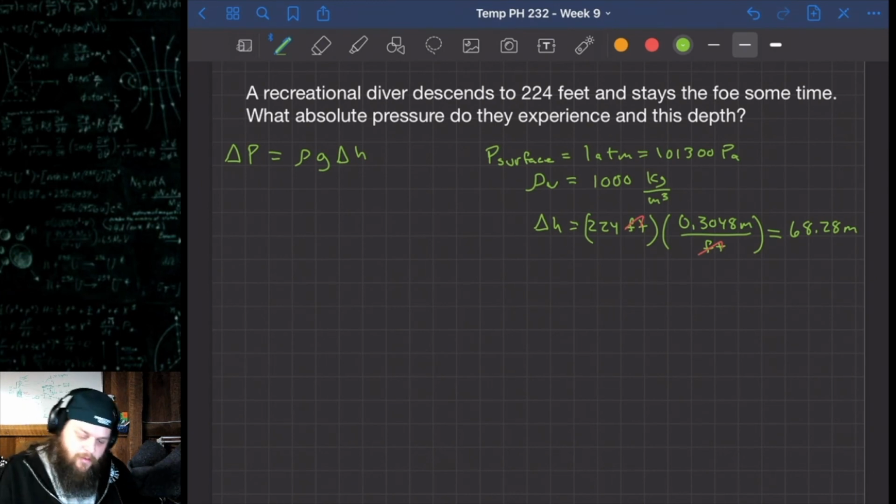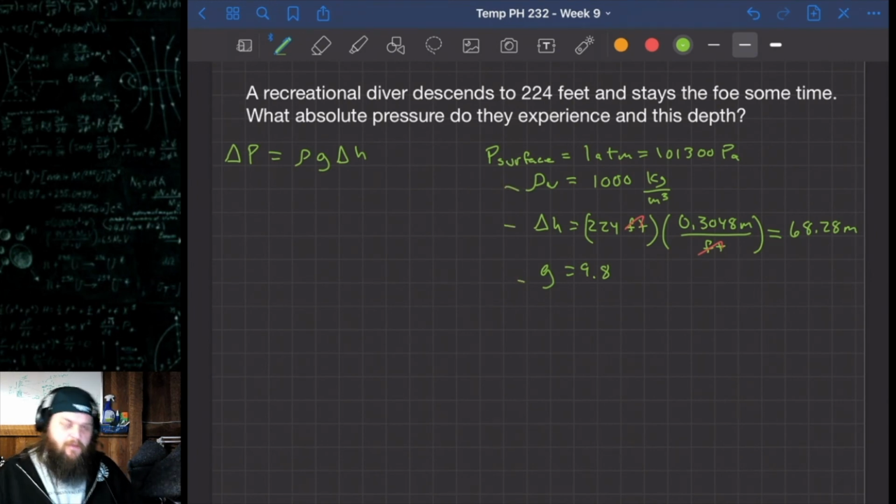And then gravity, of course, is equal to 9.8. So now we have the values we need, and we just have to solve for the pressure at the depth.